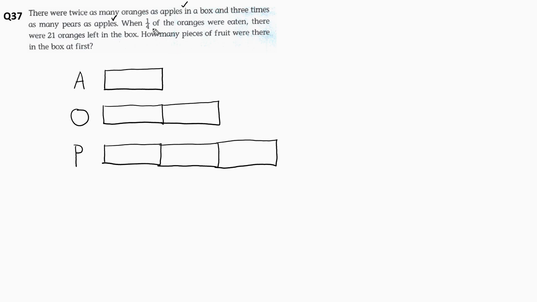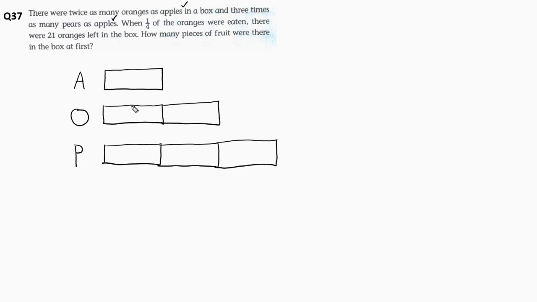Now it tells us that when a quarter of the oranges were eaten, there were 21 oranges left in the box. A quarter of the oranges. They're dividing the oranges into quarters. Now at the moment, this is the total number of oranges, and that's divided into 2 equal parts, which is halves.